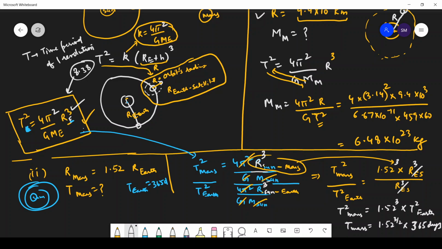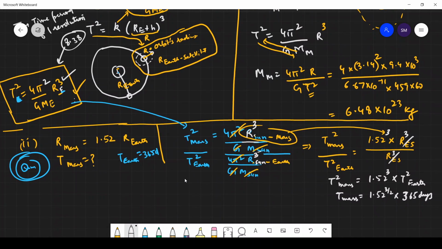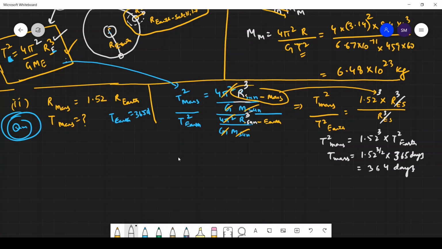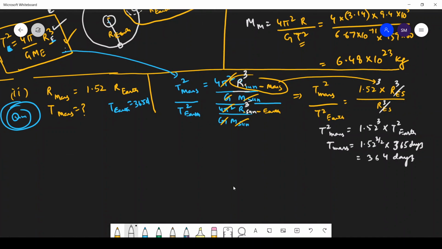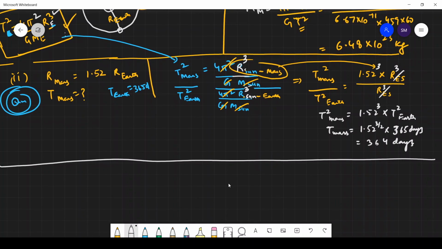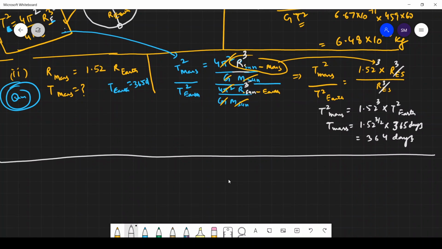Calculating this, the answer comes out to be 364 days. Note it down simultaneously, students. I don't think you will get notes today, so keep on writing it down.